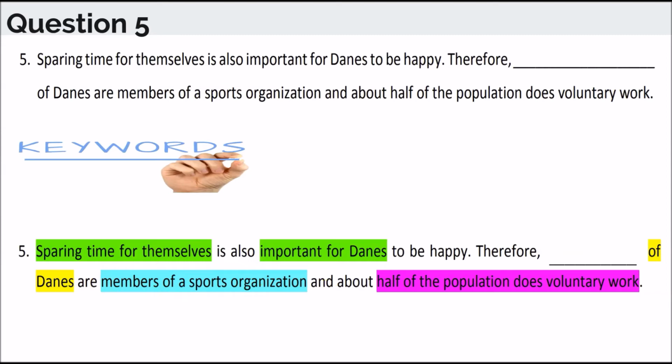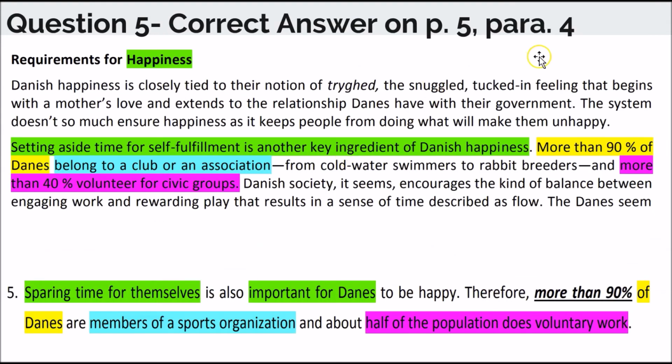So the correct information is hidden in paragraph 4 on page 5. Under the subtitle Requirements for Happiness, you can see that there is some writing on Danish happiness, Danish people. In the actual paragraph, the sentence, setting aside time for self-fulfillment is another key ingredient of Danish happiness, is rephrased as in this sentence here.